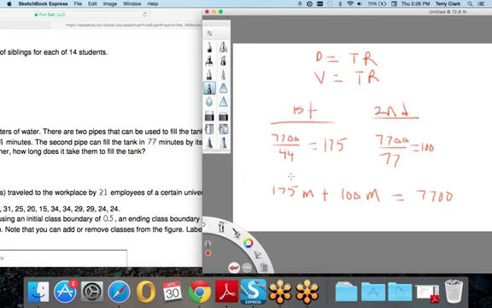Okay, so we've got the rate and the time. Now this is the volume of the first one. This is the volume of the second one, and the two volumes together equal the total volume, so we're going to say TV here. Now, how do we know that this is the volume of the first one? Because the volume equals the time times the rate.